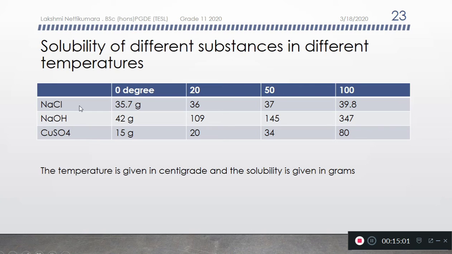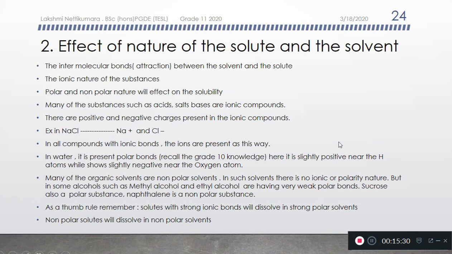The sodium chloride dissolved 57.7 grams at 0 degrees, 36 grams at 20 degrees, 37 grams at 50 degrees, and 39.8 grams at 100 degrees. So all these, sodium hydroxide, copper sulfate also increase their solubility with the temperature.